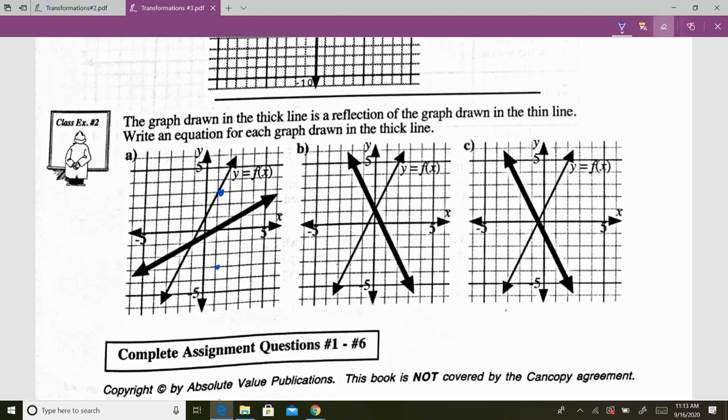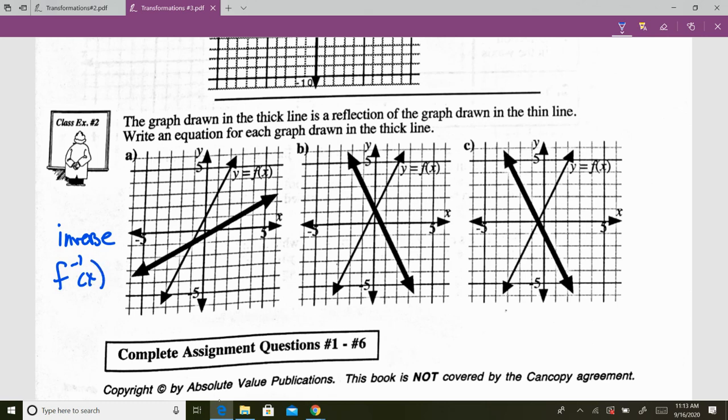So it's not that. Did we flip over the y-axis? Well, that would mean this point goes to that point, which doesn't match. So what's the only thing that's left? Inverse. So the first one is an inverse. So we can just say f to the minus 1 of x.